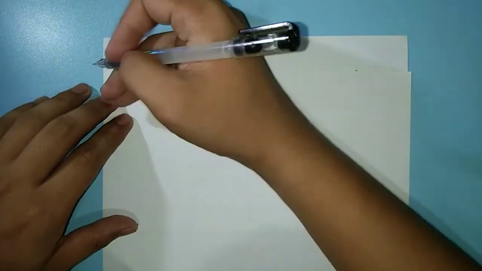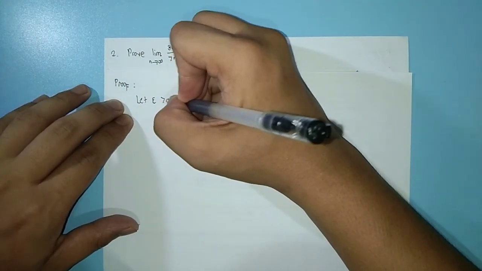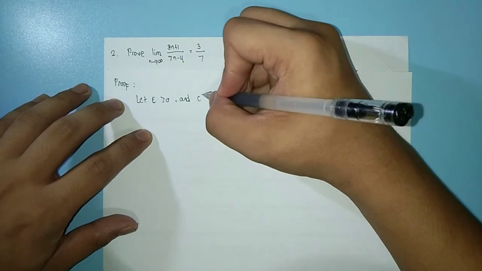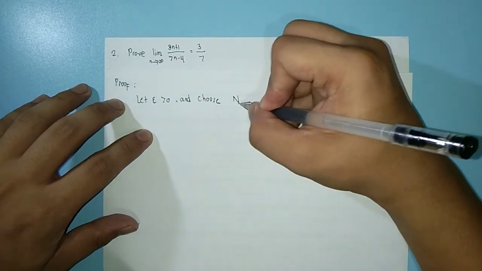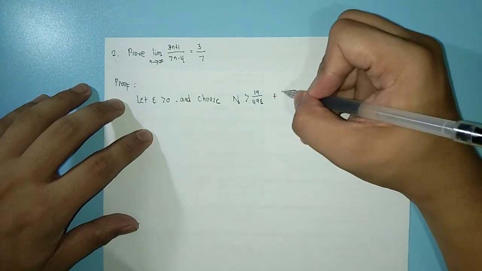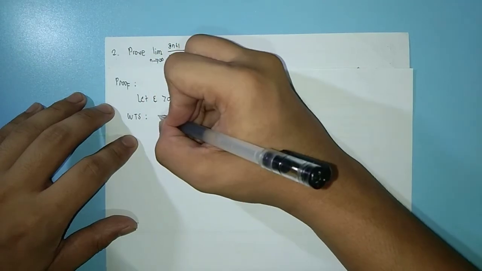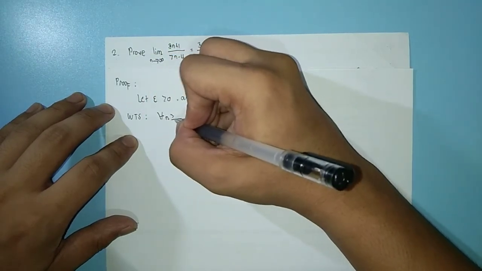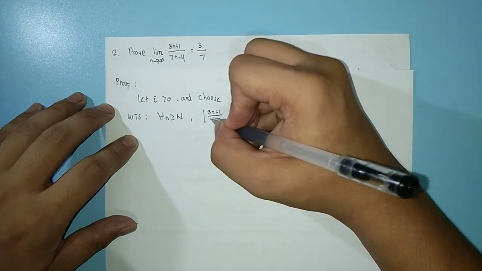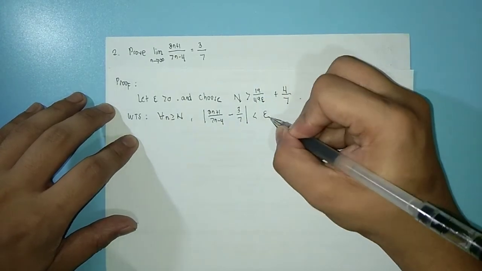Okay, for our proof, so let epsilon be greater than 0 and choose, ba't nilagyan ko ng tuldok? And choose large N to be greater than 19 over 49 epsilon plus 4 over 7, we have to show that for any n greater than or equal to N, the absolute value of (3n + 1)/(7n - 4) minus 3/7 is less than epsilon.